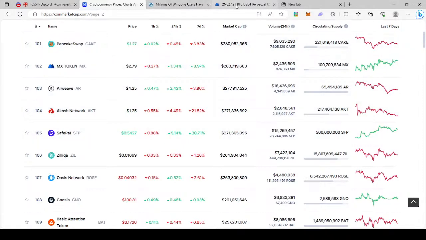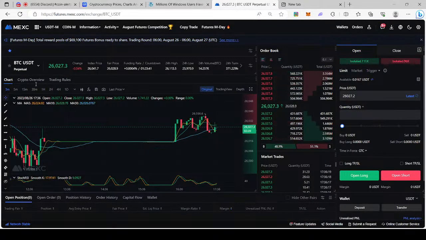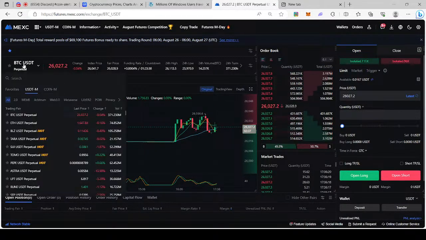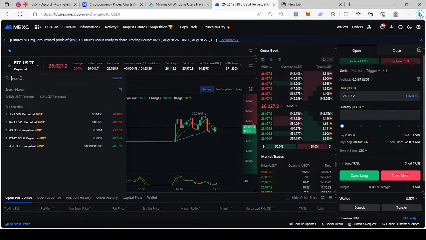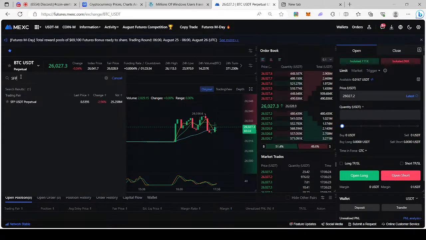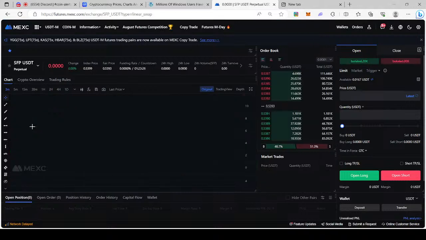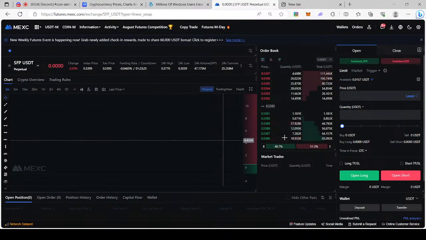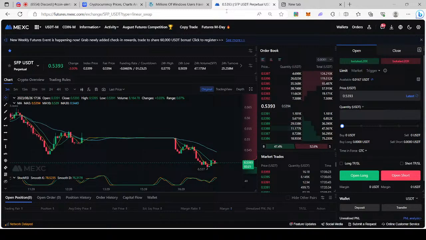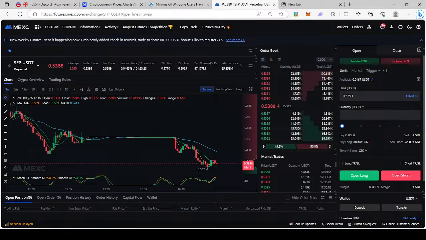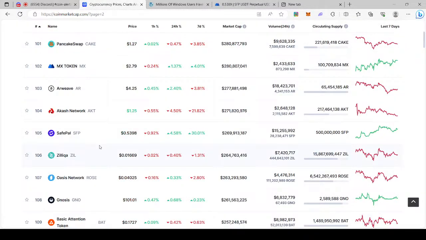Which one's this? SFP. Oh, this is actually tradable. $0.53. So this is actually a tradable coin. So this is something you might want to throw inside your book, right?